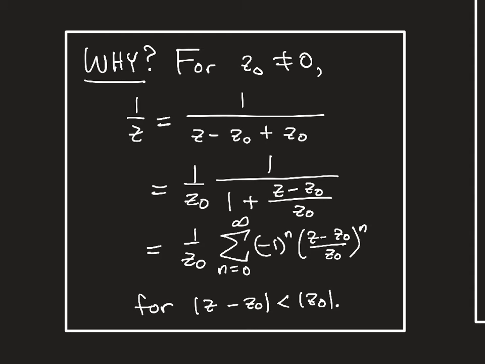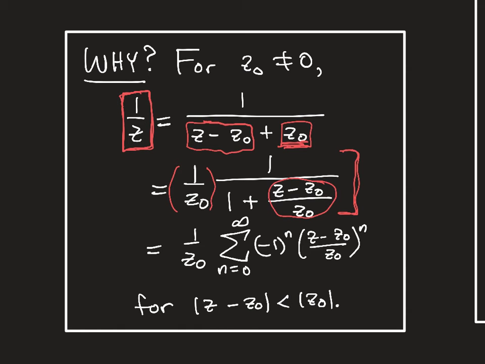So you start with 1 over z, and we have to rearrange it so that we can build some kind of power series centered at z0. So I'll just subtract z0 from z and add it back in and try to build a geometric series out of this somehow. So we do that by factoring the z0 out on the left, and we're left with this expression, which we can expand as a geometric series as long as the expression here is less than 1.